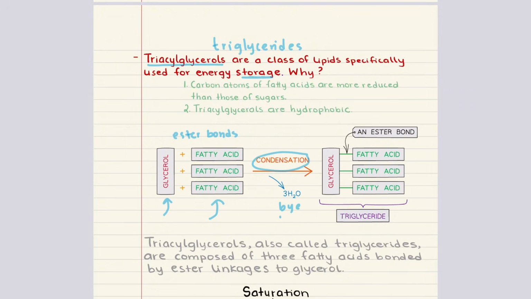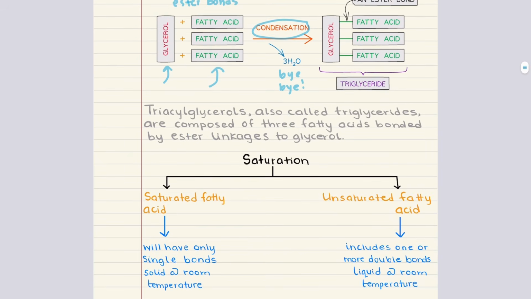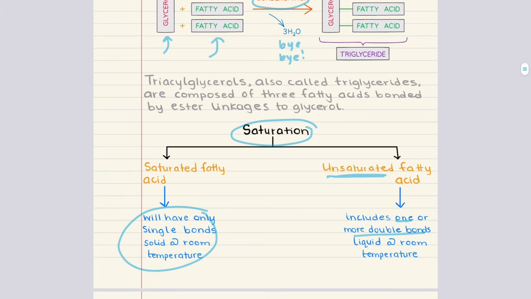Further, fatty acids can be fully saturated. This means they will contain only single bonds and they're going to pack tightly to form solids at room temperature. On the other hand, they can also be unsaturated with one or more double bonds that will introduce kinks. In this case, that will prevent tight packing and it will actually make them liquid at room temperature.